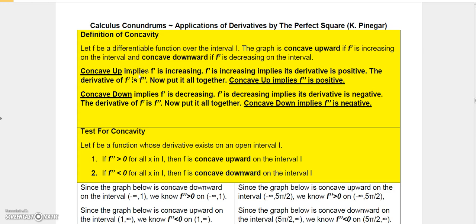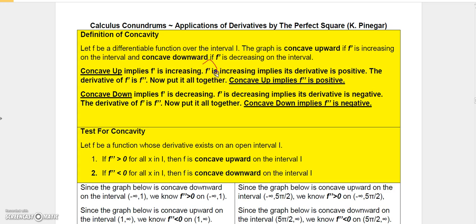I'll try to tie this together for you so you'll know why we check the second derivative. Concave up implies the first derivative is increasing, right? Isn't that what it said? Concave up, first derivative increasing. But we know if the first derivative increases, it implies its derivative is positive. Now, I'm not talking about the first derivative.